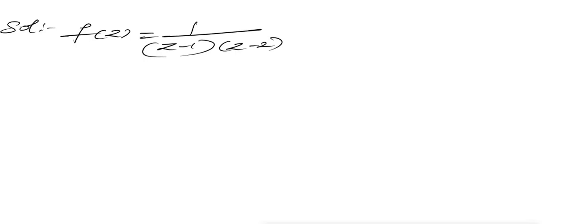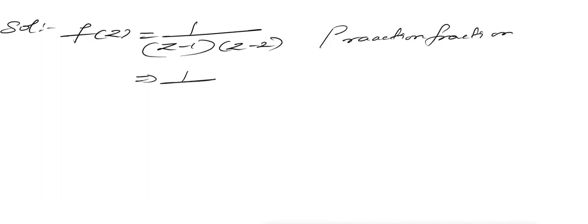Write the given function and always make sure the denominator is independent, not a product of terms. So we can apply the partial fraction technique, which separates these two functions as two different terms. So here, after applying partial fraction, we have 1 by z minus 2, minus 1 by z minus 1.